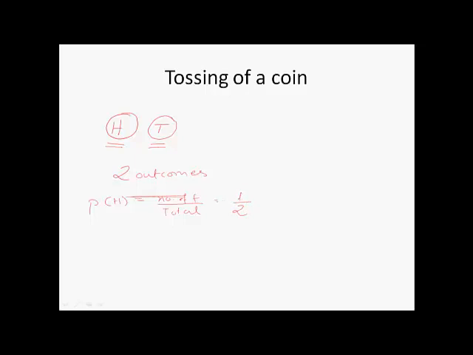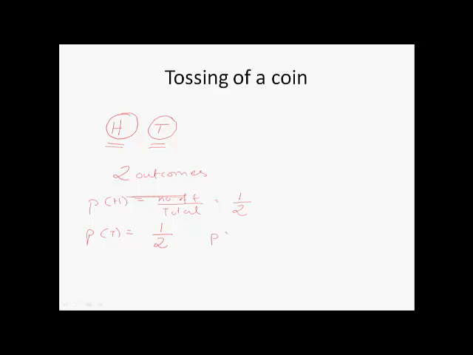So there is only one outcome which is favorable to us, and hence the probability of heads is calculated as 1 by 2. Similarly, the probability of tails when we toss a single fair coin is again the total number of outcomes is 2, which goes in the denominator, and out of the two possible events only one of them is favorable to us, and hence the probability of tails again is 1 by 2.